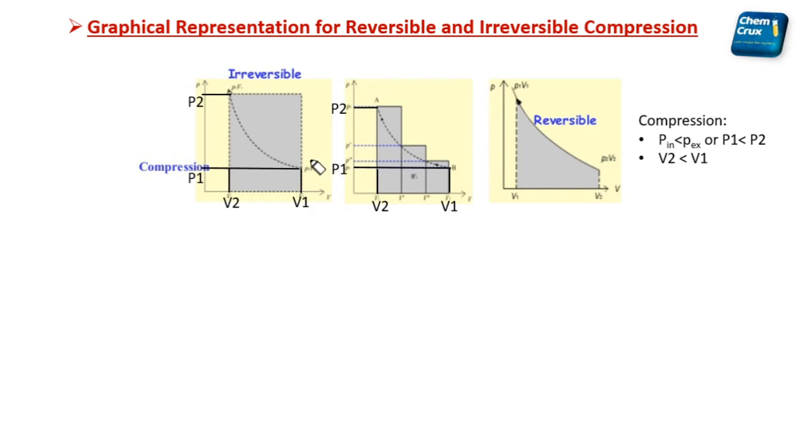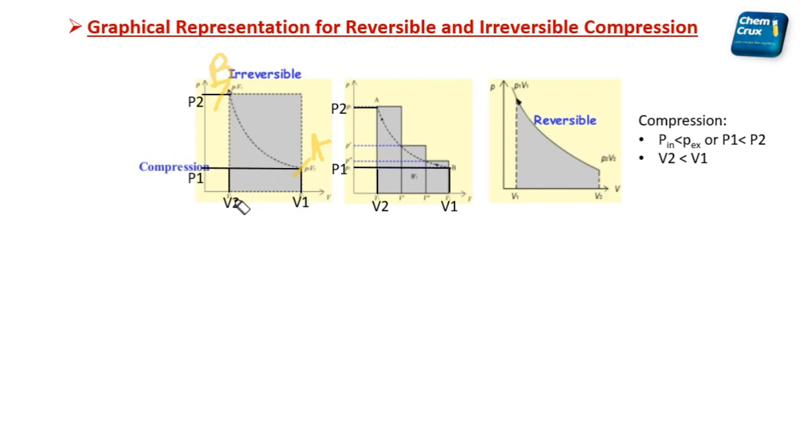So suppose from point A to point B, the change has occurred in a single step as it is an irreversible process, and pressure has increased from P1 to P2 and volume has decreased from V1 to V2.